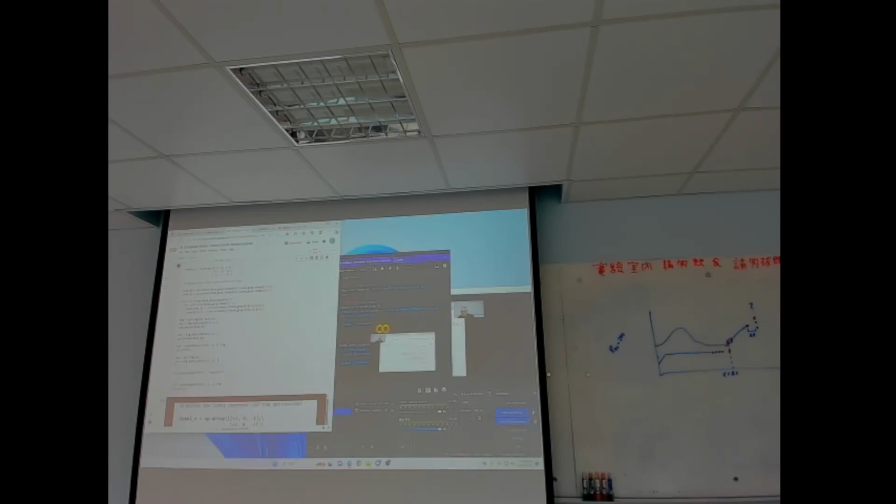So if I want to have a windowing function, then I can do that.